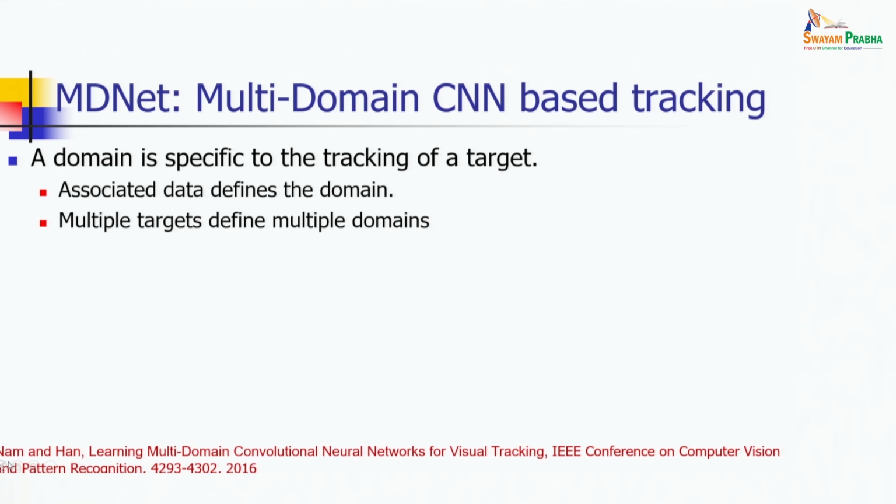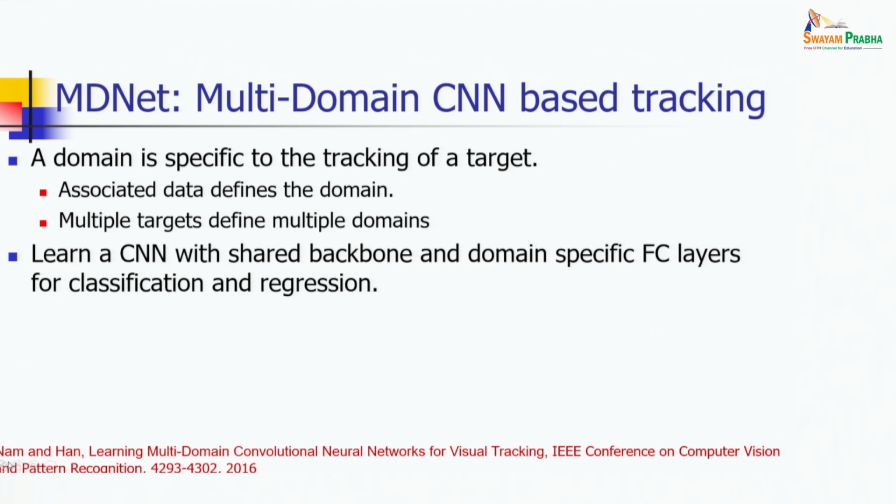The targets could be various and will differ, and that's why you have to handle multiple domains. So here the approach is that it learns a shared backbone with all domains, which means there is a certain constant part. During training, it learns that part, and there is a certain part which requires fine tuning due to the adaptation to a new object, or applying to a new domain.